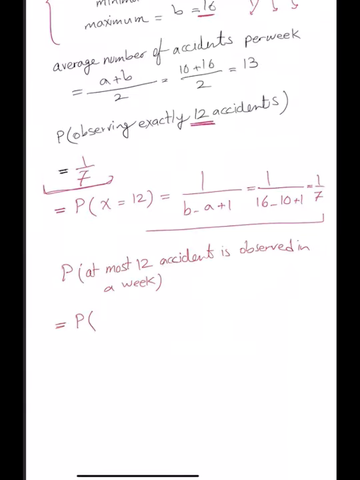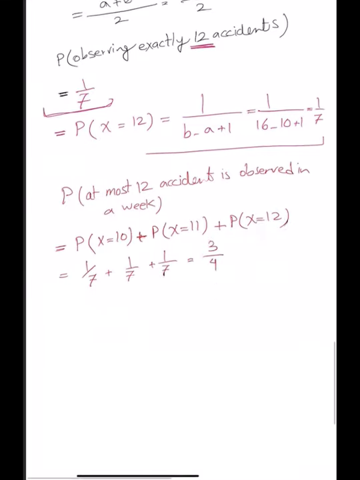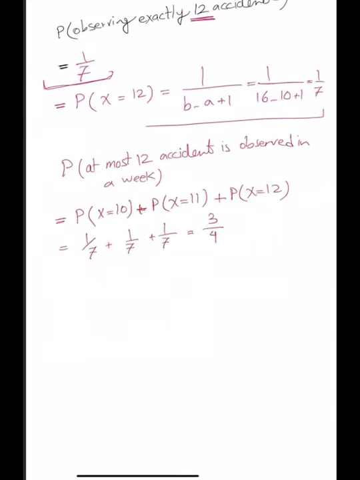They're not in this scenario. At most 12, that means X can be 10 or 11 or 12. Each one of them is 1 over 7. So that's 3 over 7. Okay, at most.